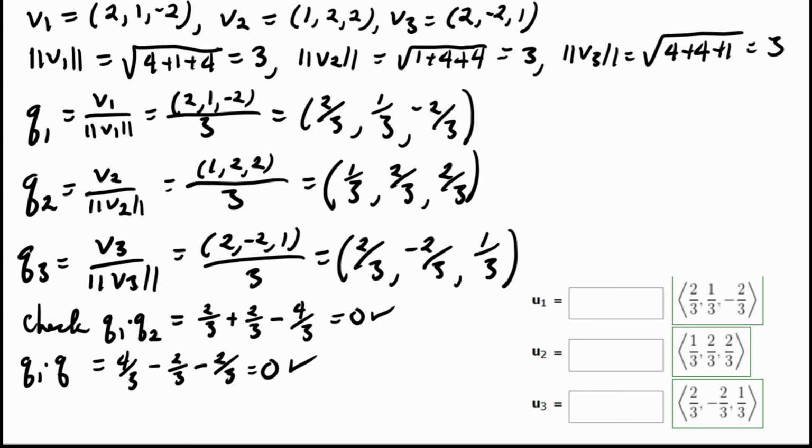That's Q3. Excuse me. Check Q2 and Q3. So this is 2/3 minus 4/3 plus 2/3. So you remember that the vectors are orthogonal if the dot product is equal to 0. And I think that satisfies the combinations.